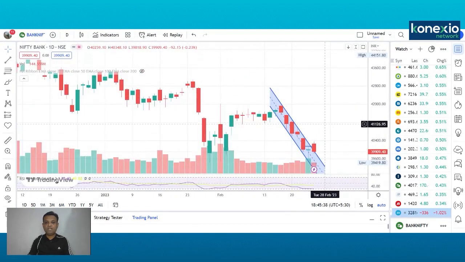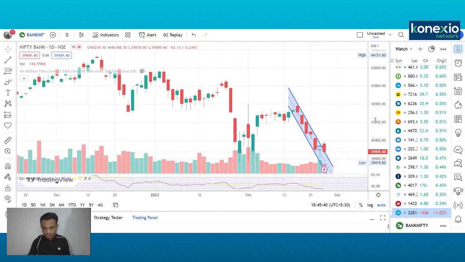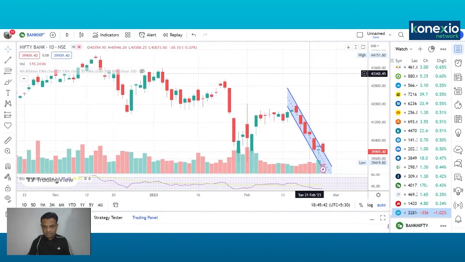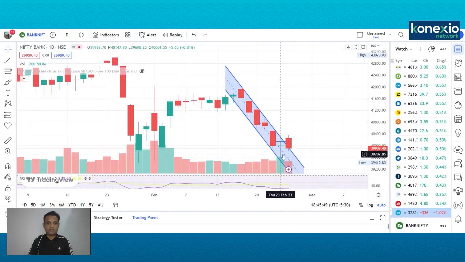You can see in Bank Nifty also there has been a significant fall in the last 7 trading sessions. Thursday was a doji, a long-legged doji. But let me put an important note over here: Bank Nifty is stronger than Nifty.